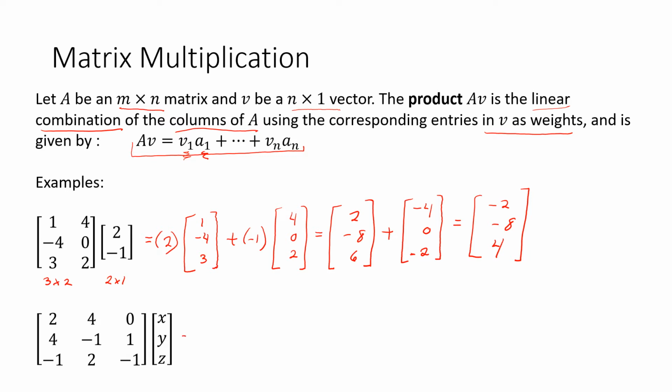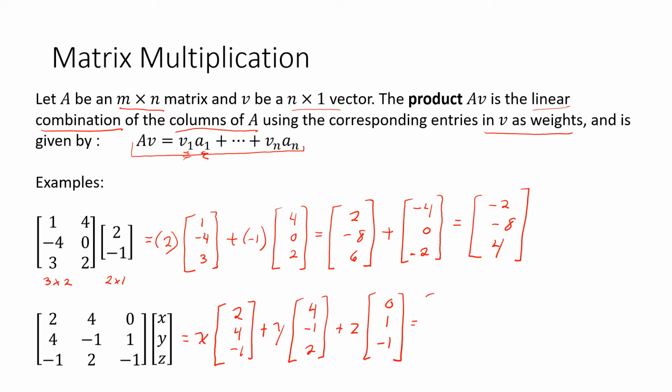What about the second one? The second one, we have a 3 by 3 matrix times a 3 by 1 vector. We do the same thing. Here we just have some variables, so we just work the variables in. So the first entry times the first column, plus the second entry in my vector times the second column, plus the third entry in my vector times the third column.